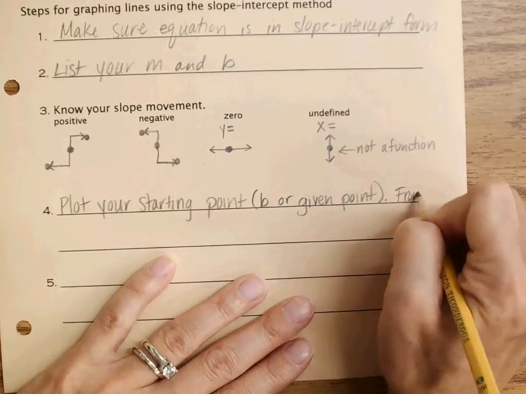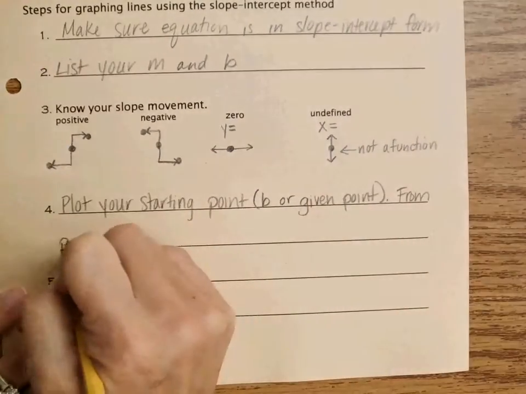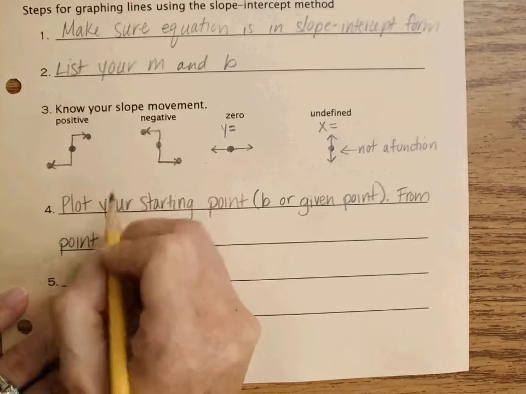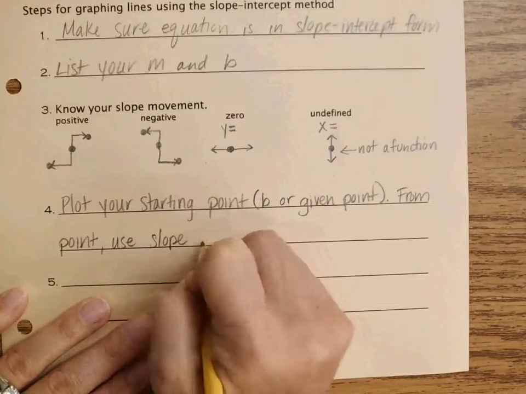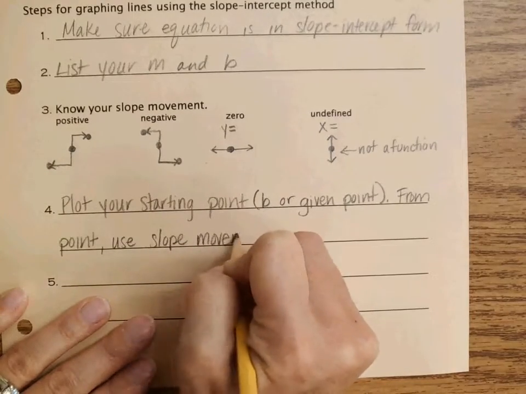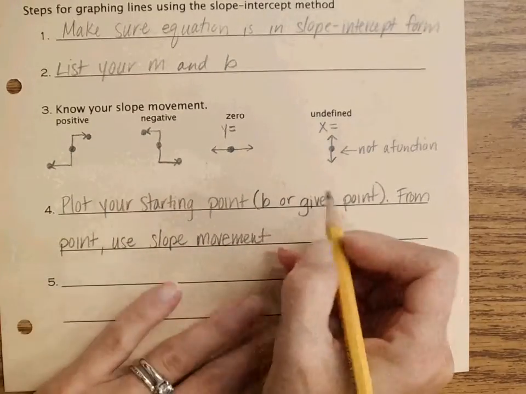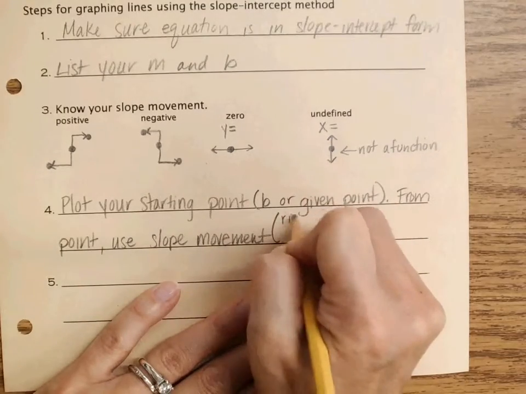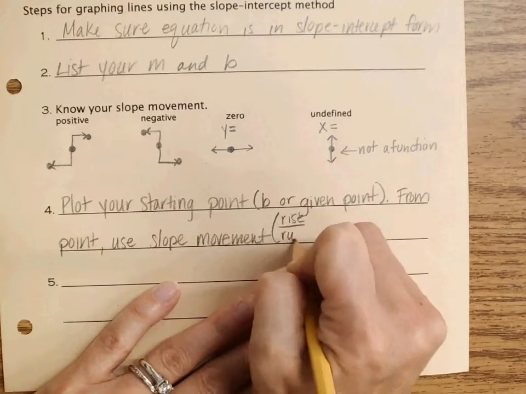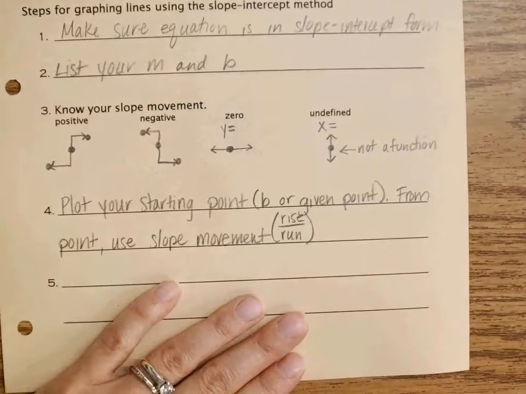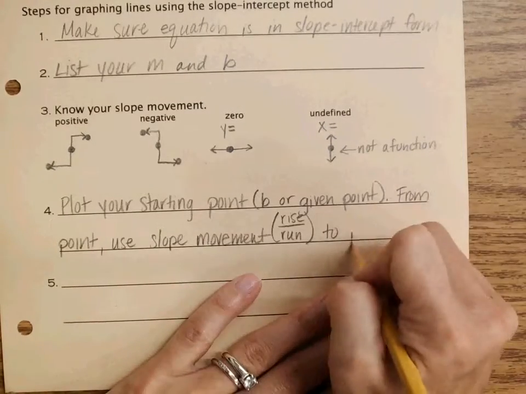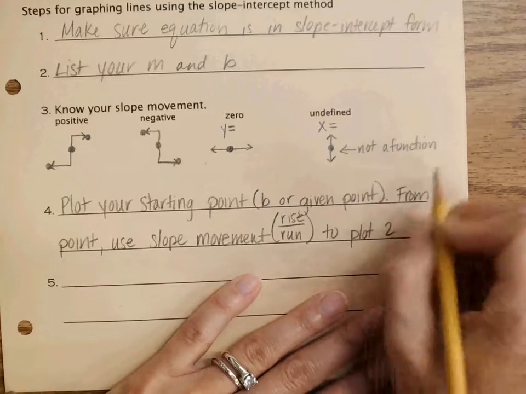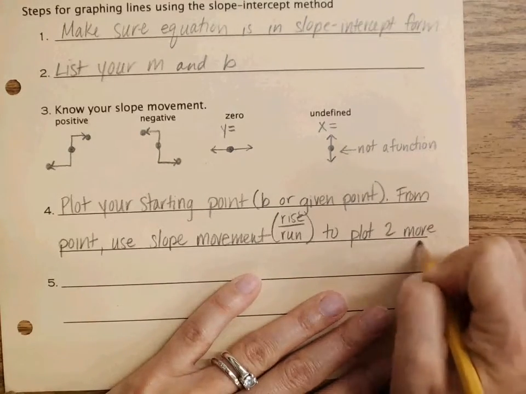From the point, we're going to use our slope movement that I just reviewed. That is your rise over your run, how much you go up or down and then over to plot 2 more points.